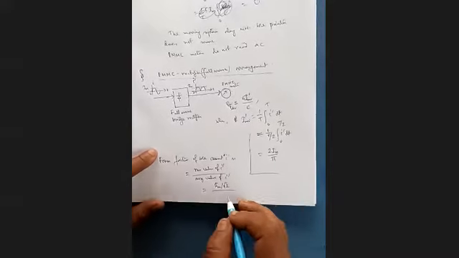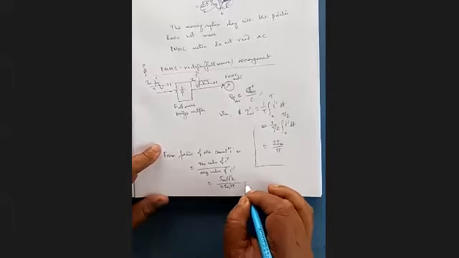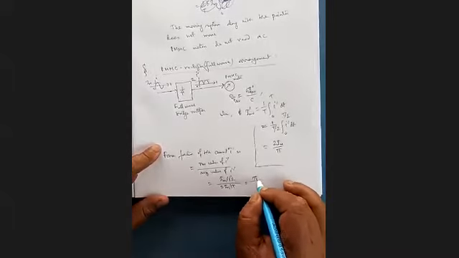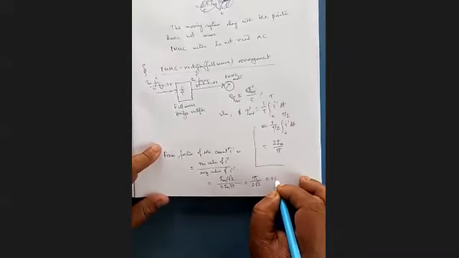So it is Im by root 2 and average is 2 Im by pi, which gives pi by 2 root 2, which is 1.11.